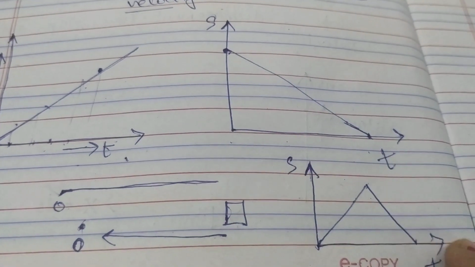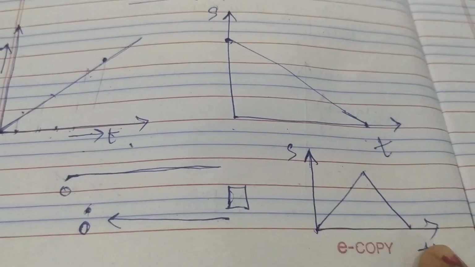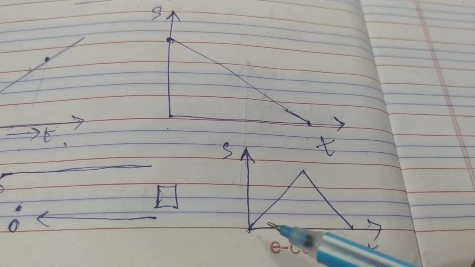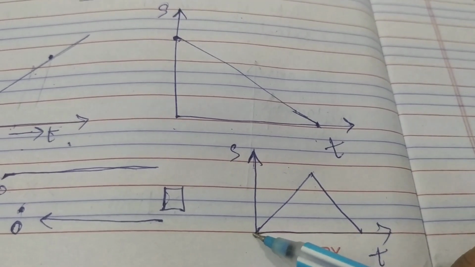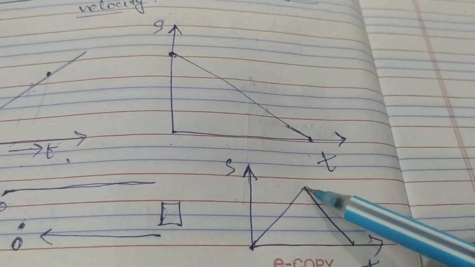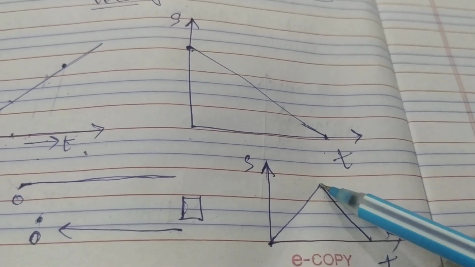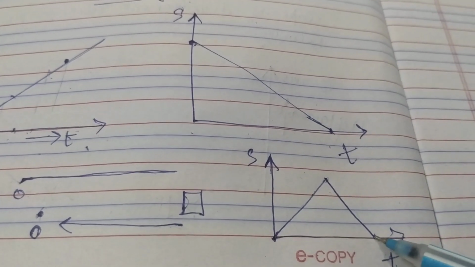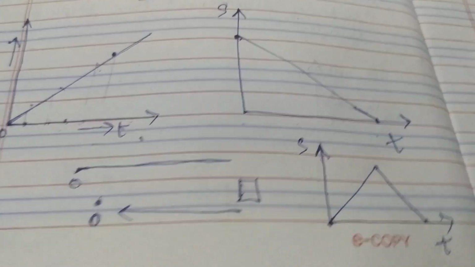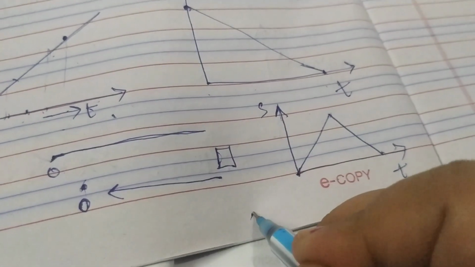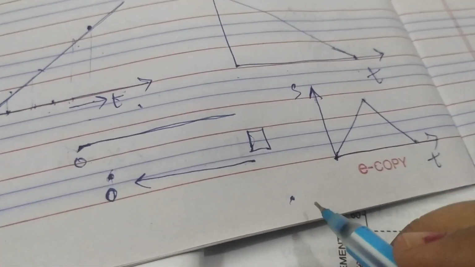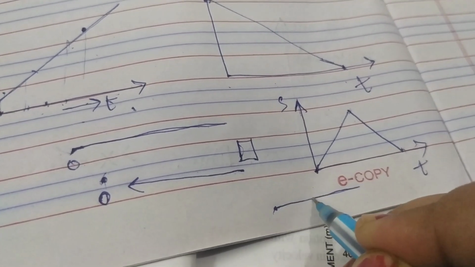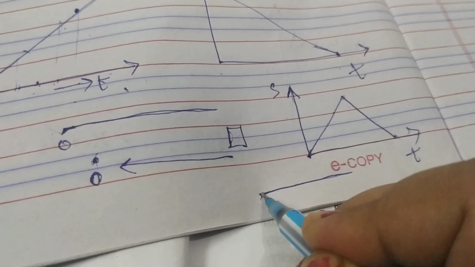As the time is increasing, the vehicle is going towards the point of origin. So the body started from the origin, moved up to a particular point where the displacement was maximum, and then came back to its original point. Understood? The body was not moving like this. No, the body simply went in a straight line and came back on the same line.